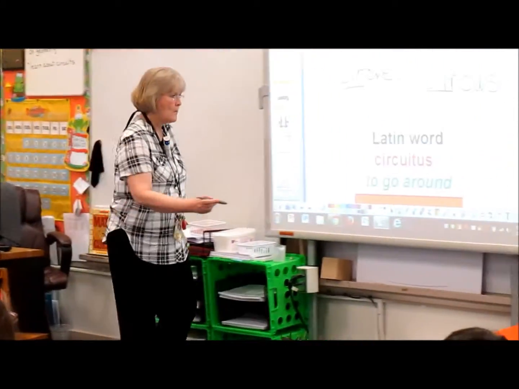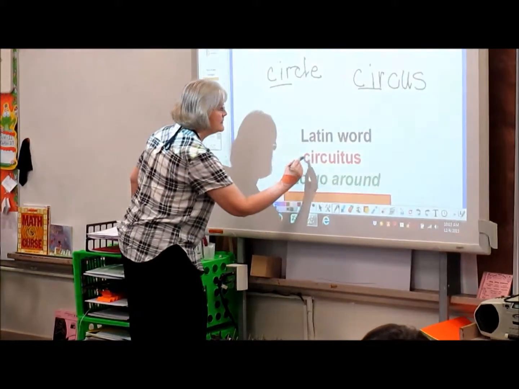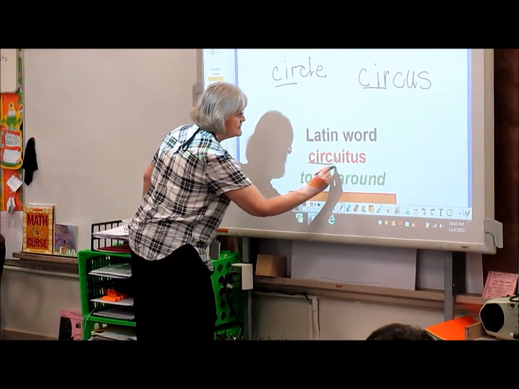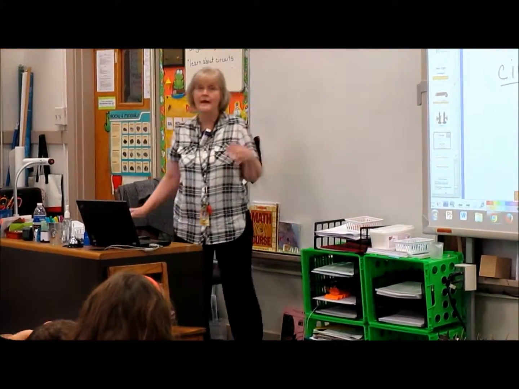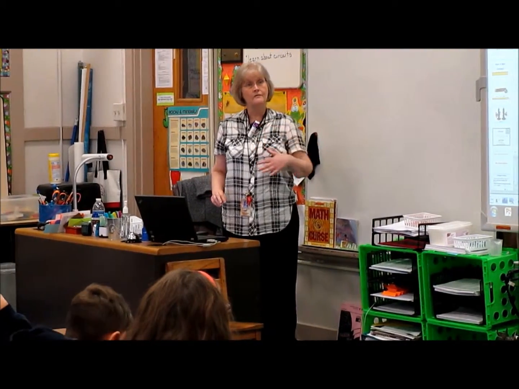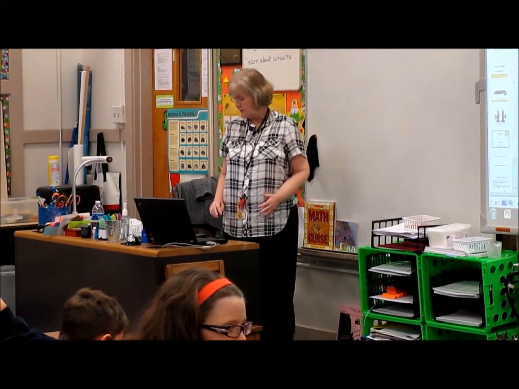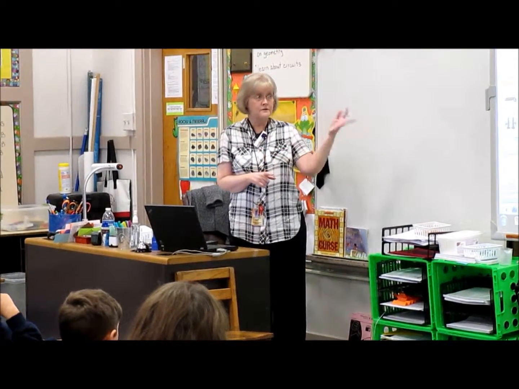Back on my pen. Yeah, it worked that time. Circuit. So that was a perfect word to use to describe the path that electricity is going to take. You want to keep that in mind about circle and the path that it has to take. You're going to use a battery, a bulb, and some aluminum foil to create a circuit or a path for electricity.